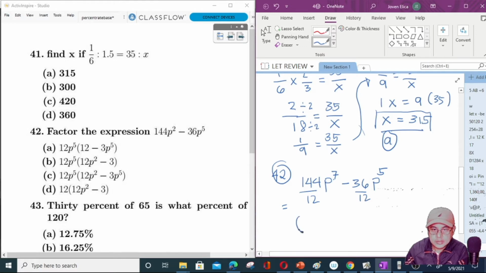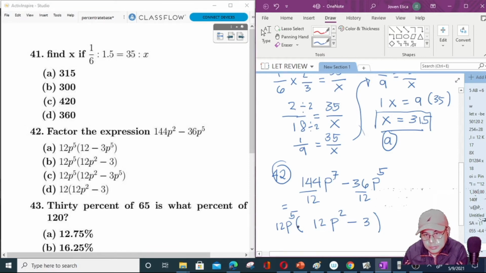The common factor, using the parentheses, we have 12p squared, minus 144 divided by 12 is 12 times 12 is 144, to 7. 36 divided by 12 is 3, so 12 times 3 is 36, p to the 5th.